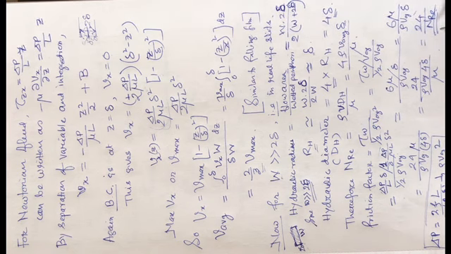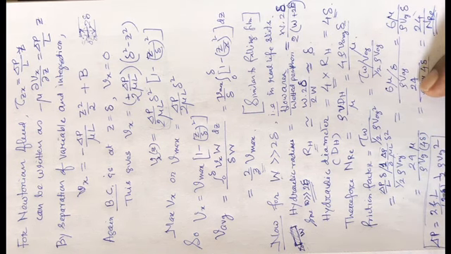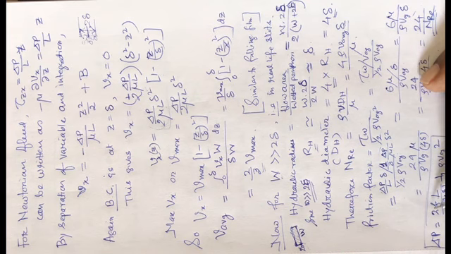And after obtaining this friction factor, you can use that particular relationship. What was that? 4FL by D into half rho V square. So now here, instead of D you should write the hydraulic diameter, 4 times this half thickness.